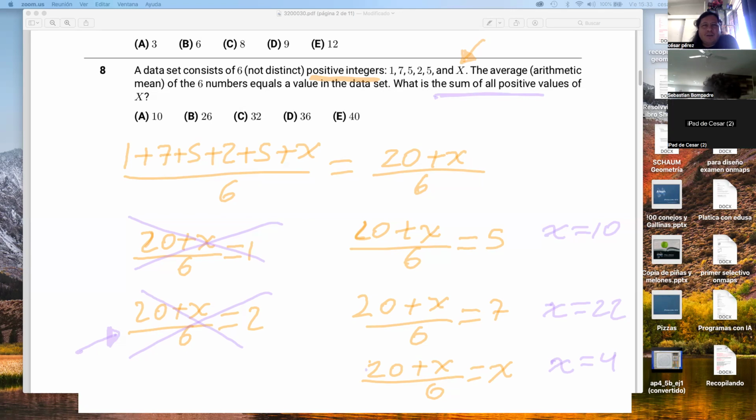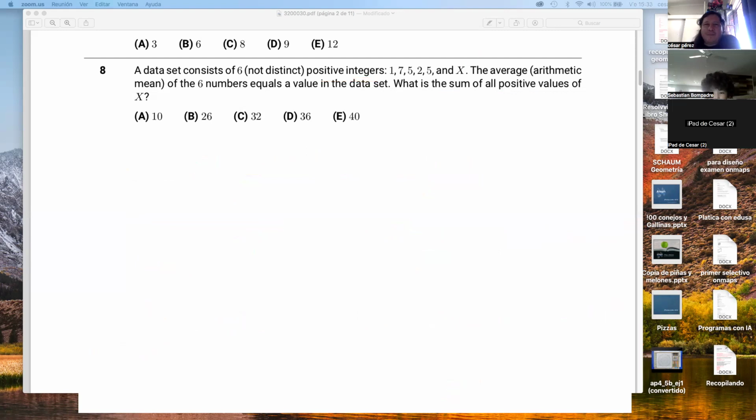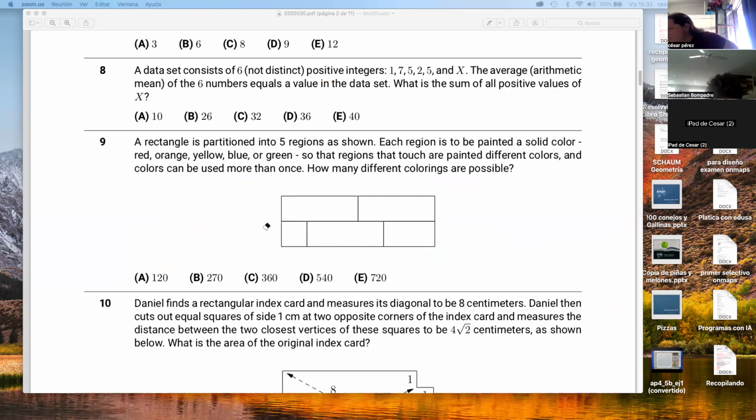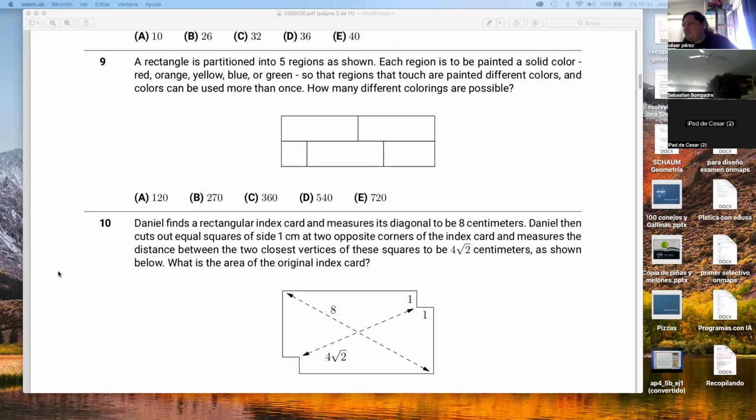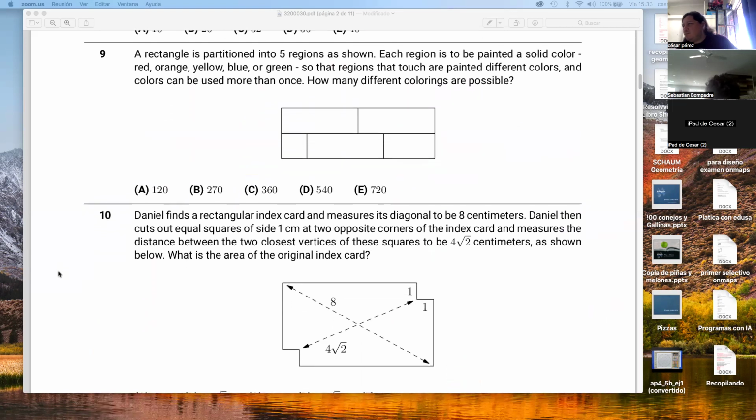Well, I think that you can solve all those problems without much trouble. Those are easy. Okay. Let's solve the next. A rectangle is partitioned into 5 regions as shown.